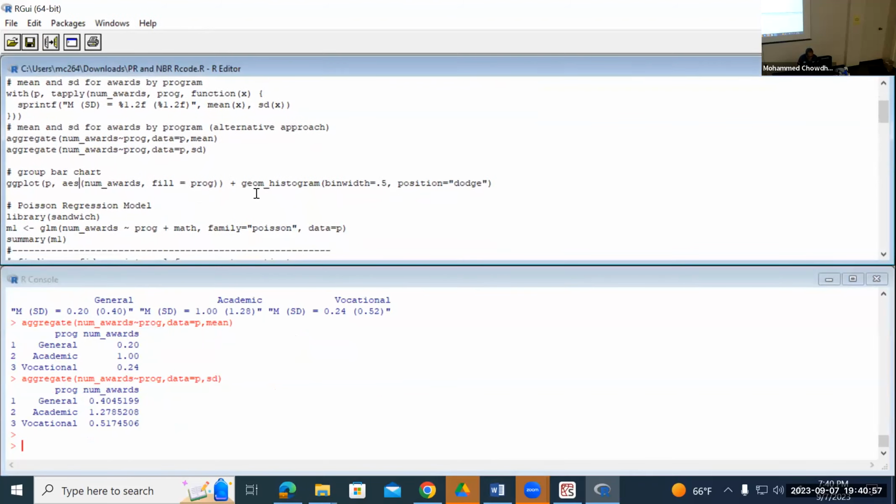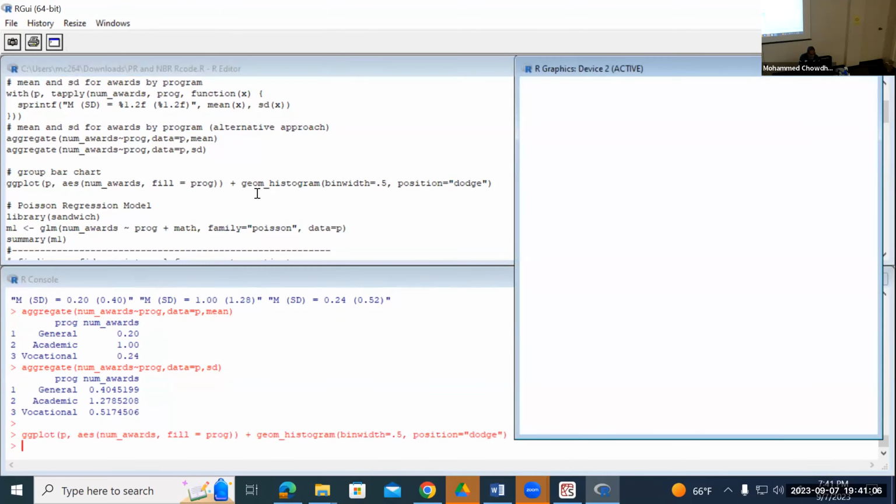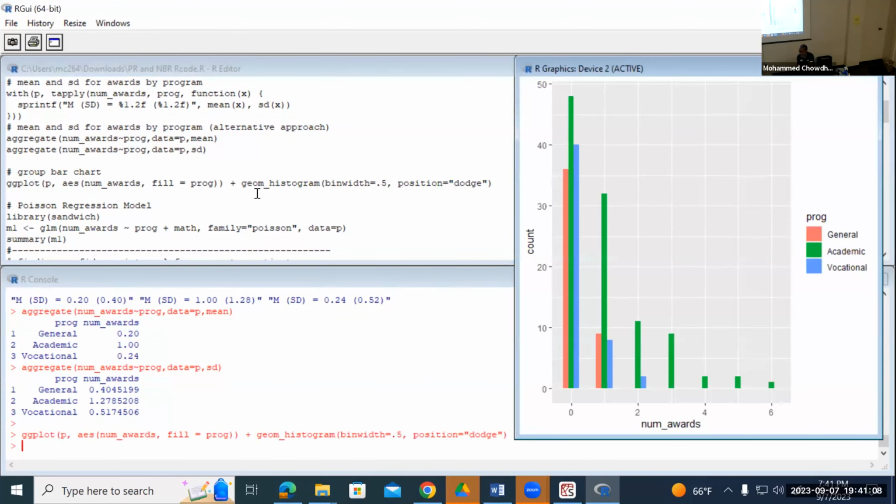Now I want to take a look at the group bar chart. Group bar chart corresponding to awards number. 0 award, what is the vocational, general education and academic. So this is the bar chart. We see 0 awards, the highest one is the academic one.